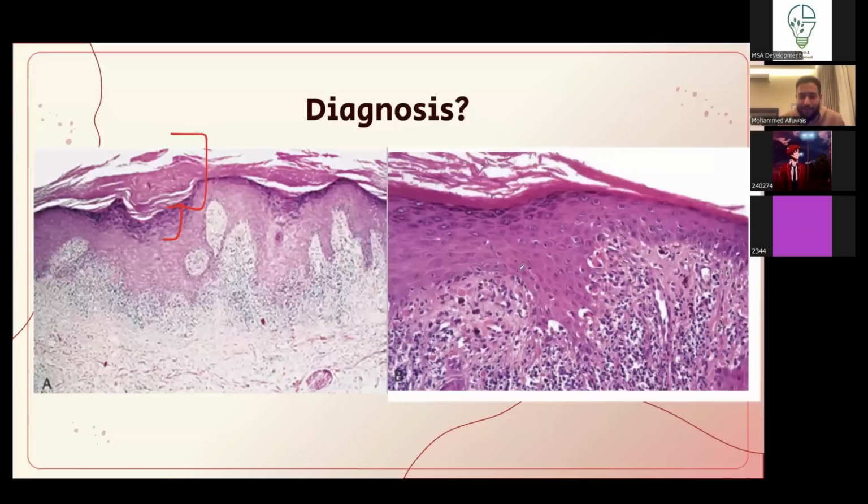Then another thing, the sawtooth is basically this. You can see one, two, three, four, five, six, seven, eight, nine. It basically looks like a sawtooth pattern. The lymphocytes eat up in a sawtooth pattern, so you'll have interface dermatitis. That's number one.